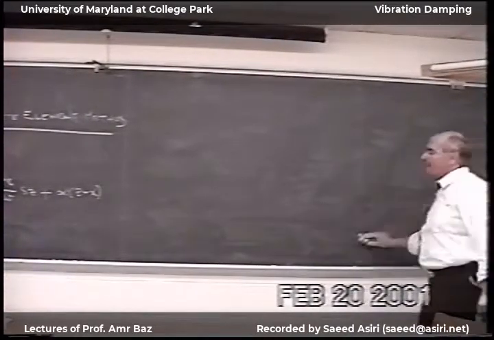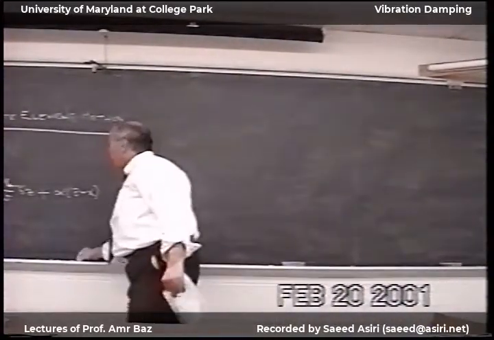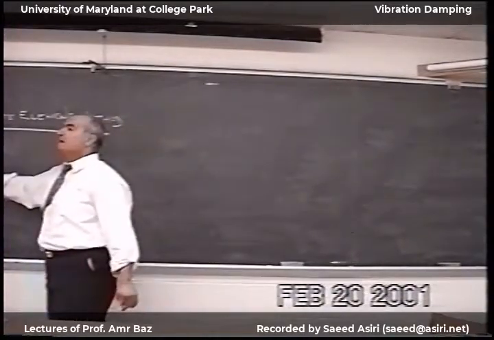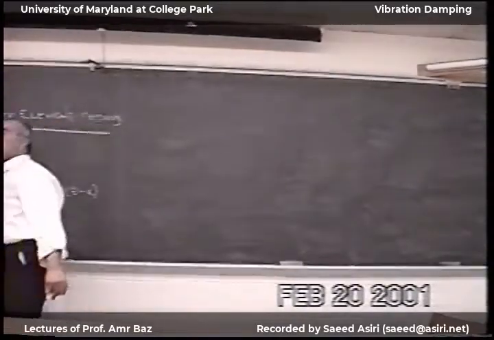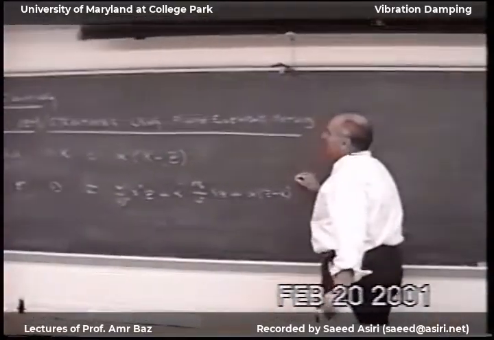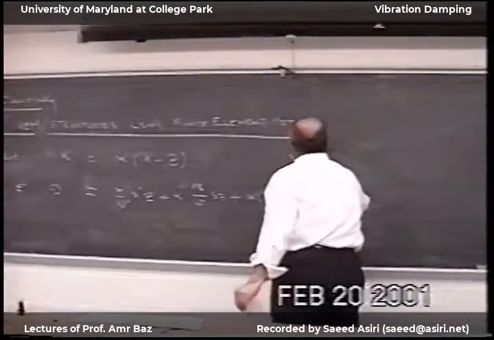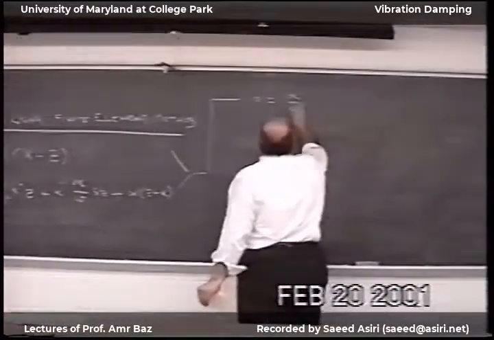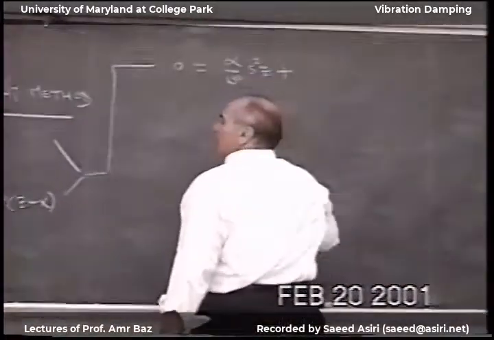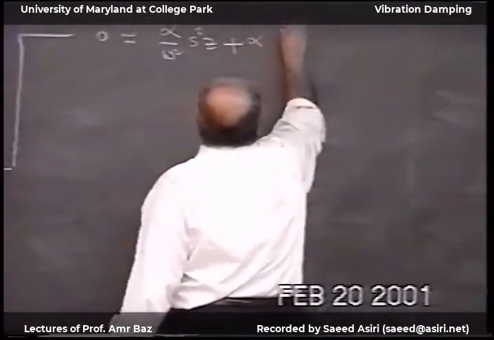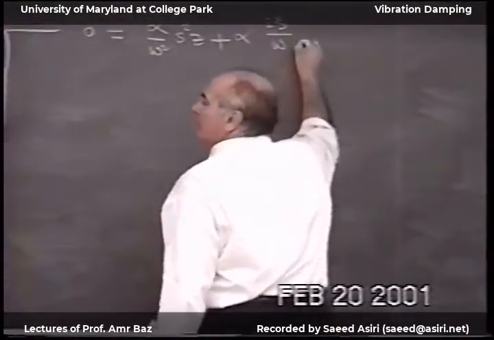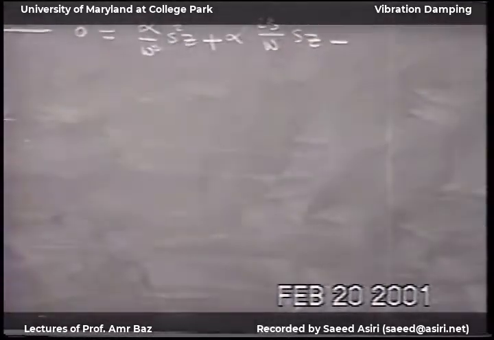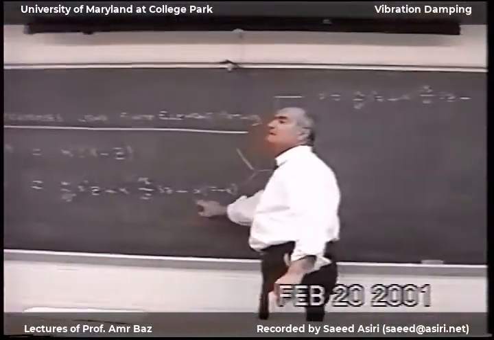Now, from here, if I combine these two equations, then I can replace this term by hx here. Then this says 0 is equal to alpha omega squared s squared z plus alpha twice zeta over omega s z, and then this term is equal to this term, so it will be minus this term.